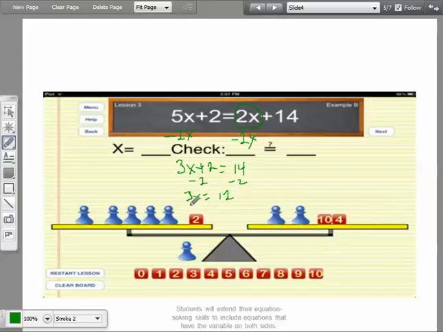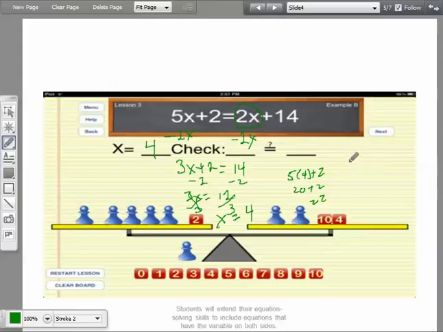Now I'm going to multiply times the reciprocal of 3, which is 1/3. And when I do that, what I'm going to wind up with is x. And over here, I'm going to get equal to 4. So x equals 4, right? I want to check it. 5 times 4 plus 2, that's 20 plus 2, that's 22.